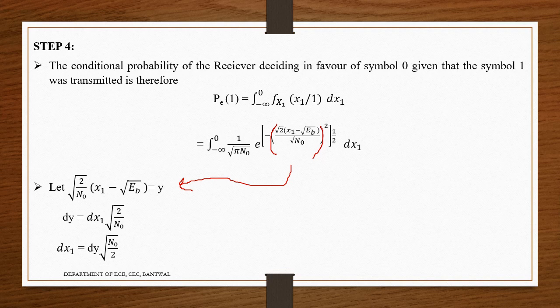So dy is equal to dx1 into square root of 2 by n naught. But as I made it y, I want it in terms of dy. So dx1 is equal to square root of n naught divided by 2 into dy.